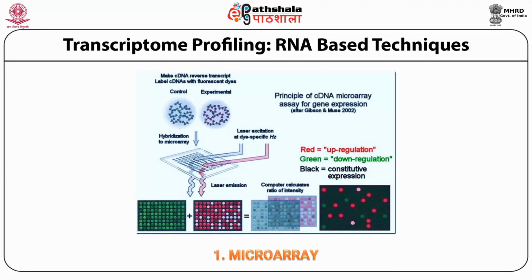Transcriptome profiling methods are centered around quantitative assay and sequencing of various types of RNA transcripts which are produced in a cell. cDNA microarray is a popular method to assay the gene expression where differential RNA expression is assayed at microscale through cDNA hybridization.